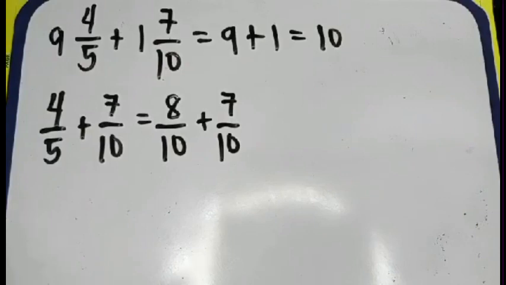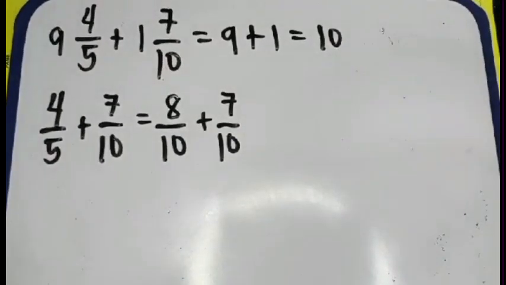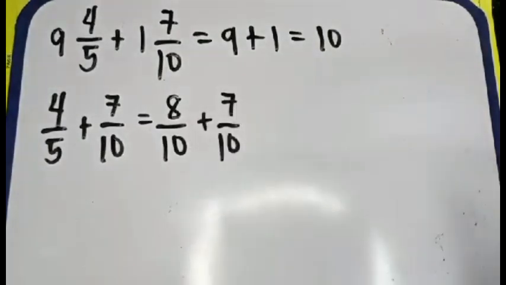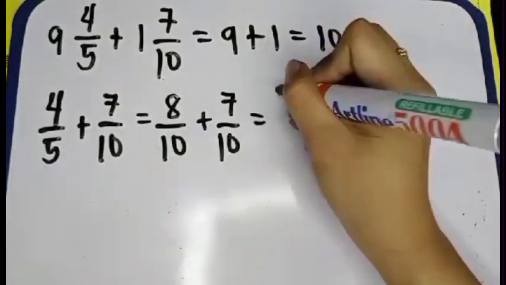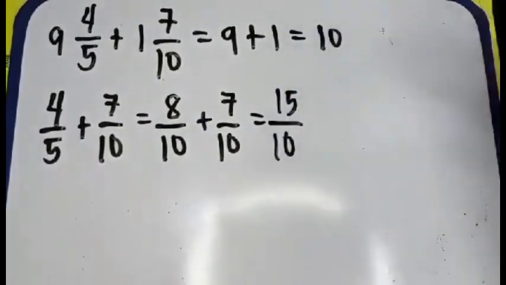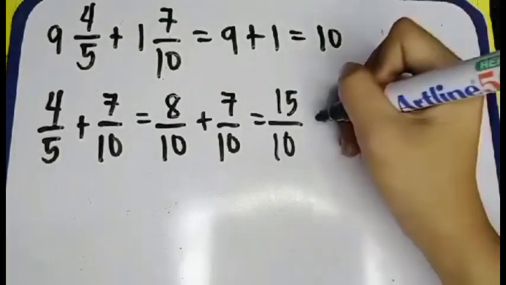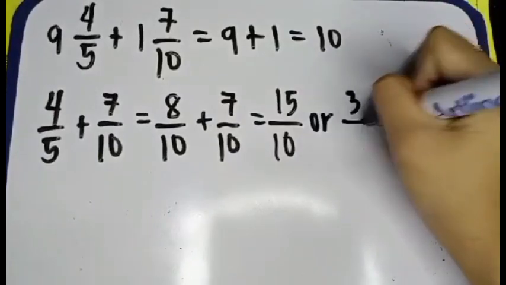So we have now 8 over 10 plus 7 over 10. Pwede na natin ipag-add ang ating numerator, which is 8 plus 7. 8 plus 7 is equal to 15. Then, simply copy the denominator. And the answer is 15 over 10. 15 over 10 ay pwedeng ma-simplify, and ito ay magiging 3 over 2.